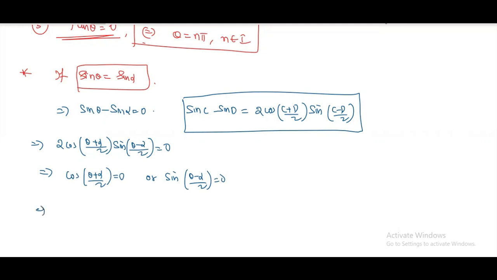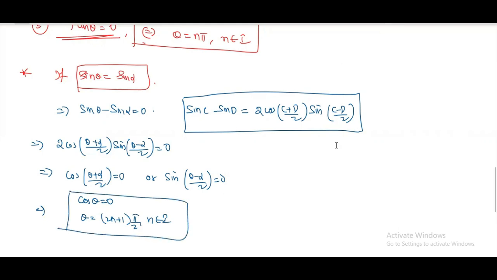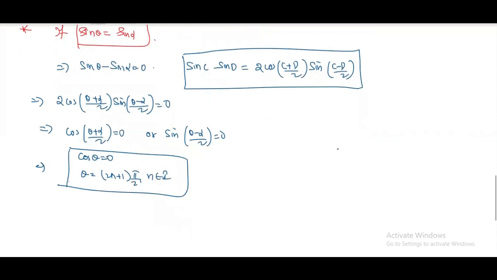Just now we learned that when cos theta is equal to 0, theta is equal to 2n plus 1 into pi by 2, where n belongs to I. So here, in the place of theta, we have (theta plus alpha) by 2. We can apply it: (theta plus alpha) by 2 is equal to 2n plus 1 into pi by 2.